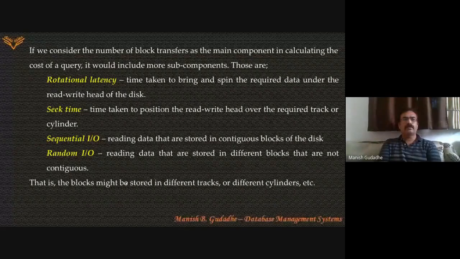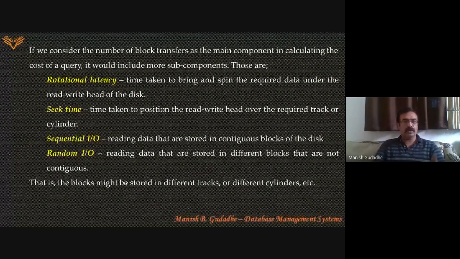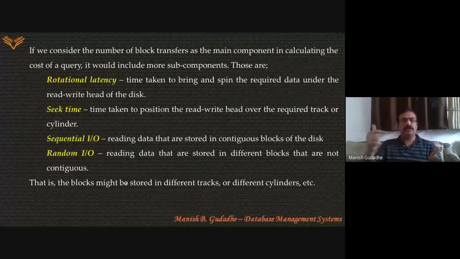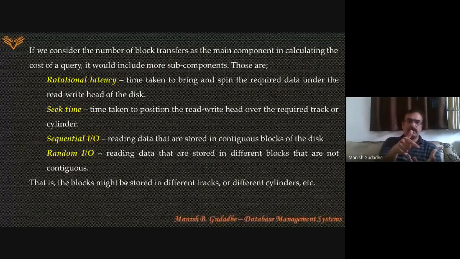Technically, if we consider, the first one is the rotational latency, the time taken to spin the required data under the read-write head of the disk. So do I really need to tell you how this is read? You know that there will be a circular disk, and it will be continuously rotating.